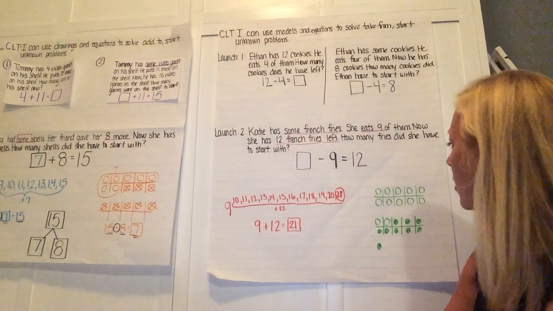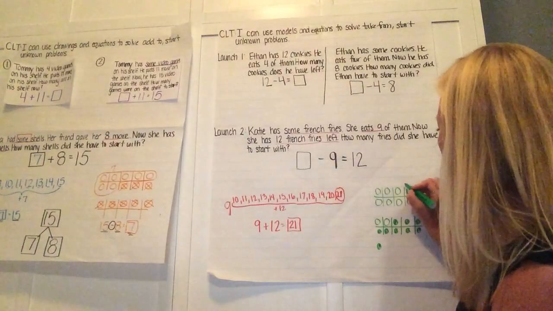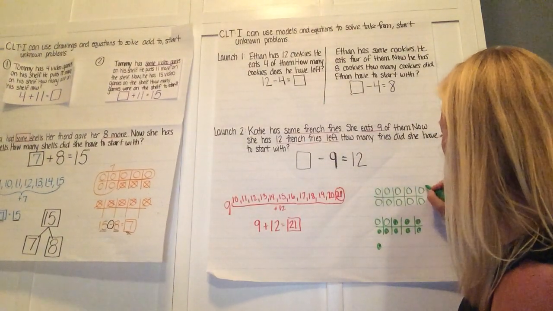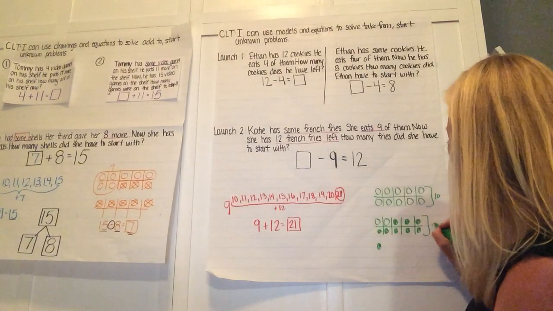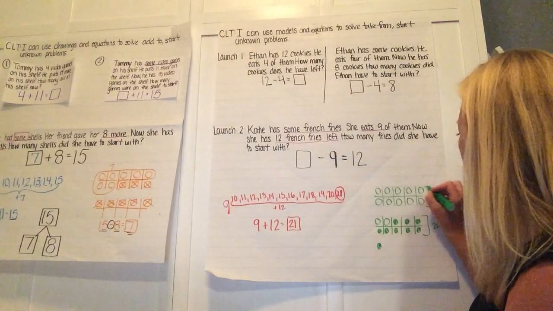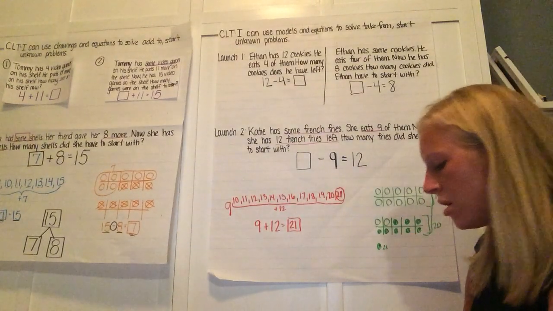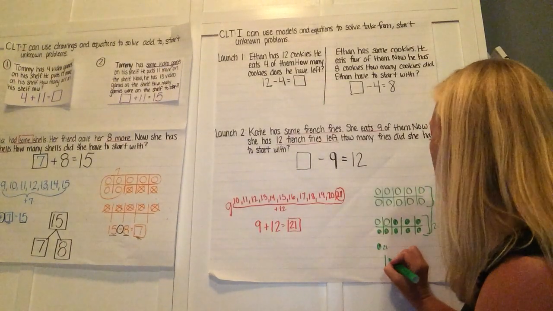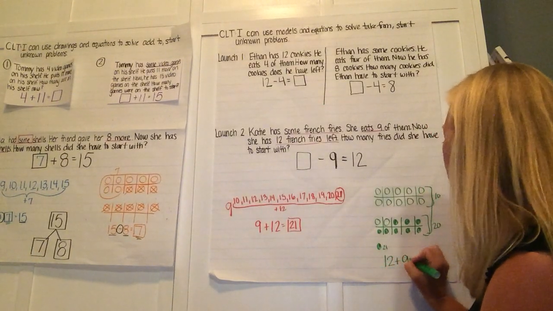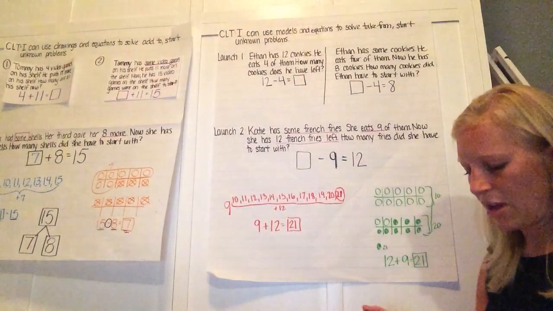So where's your answer in this? Where's your start? 10, 20, right? I just keep counting, and then that would be 21. Okay. So your equation is 12 plus 9 equals 21. There's that unknown again. Okay.